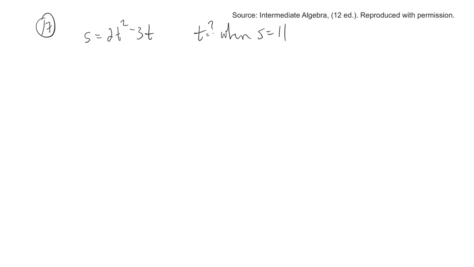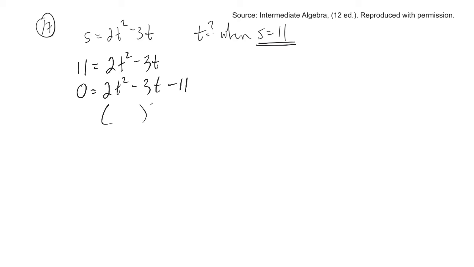So, there's another one. They say this thing is a projectile or something, and they want to know what the time is when the height reaches 11. So I need to put an 11 in for where the height is, or the distance, s, minus 3t, and then I'll change it so it's a quadratic, and then again I'll look to see if I can factor that.